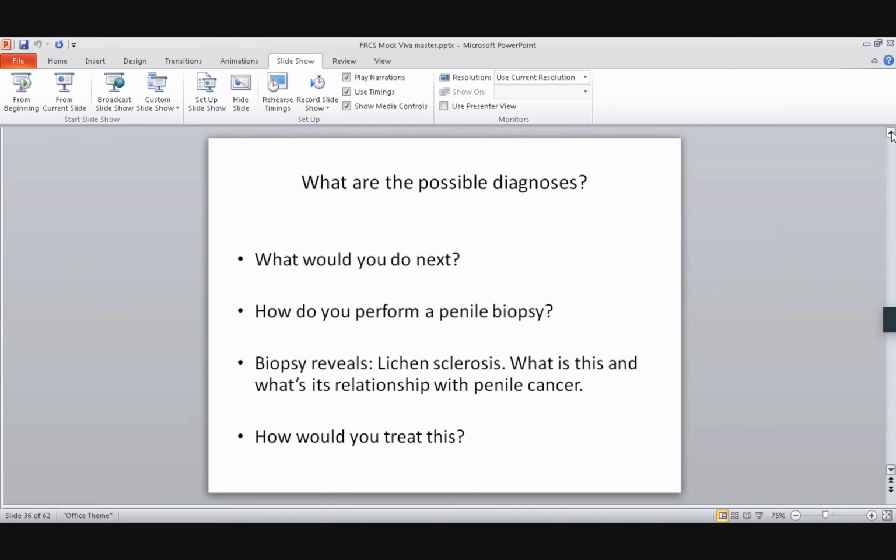Otherwise, penile cancer would be much more common. But we do see it commonly in the pathological specimen of penile cancer associated with the cancer. So that's how I'd explain it. It's a bit of a difficult one to explain because we don't fully understand it.